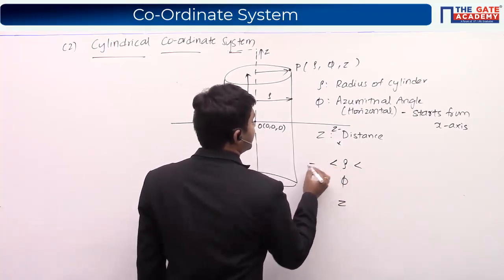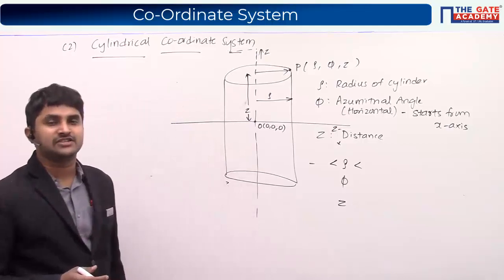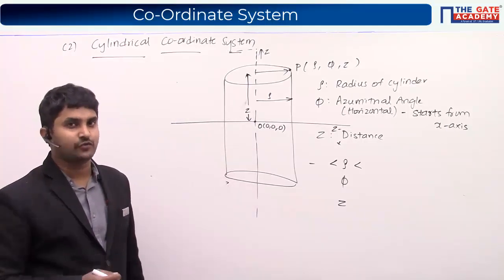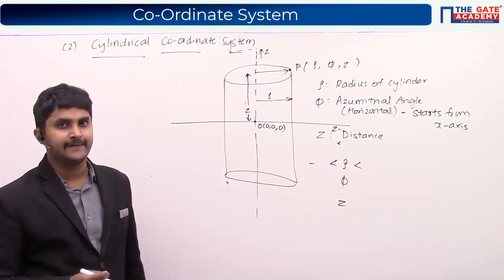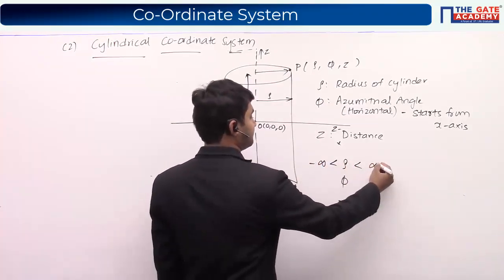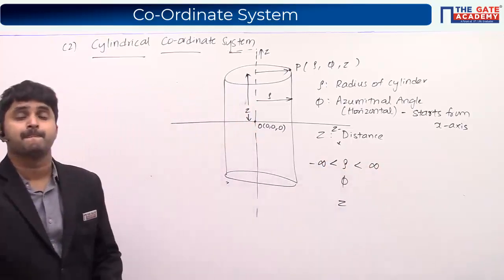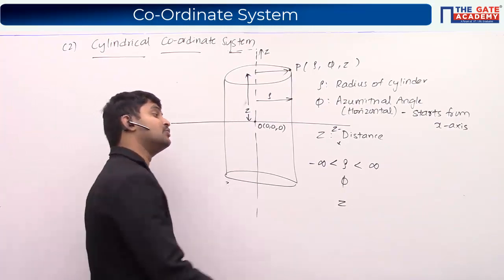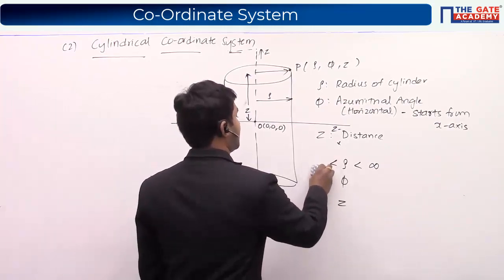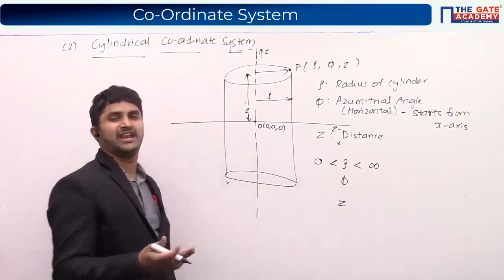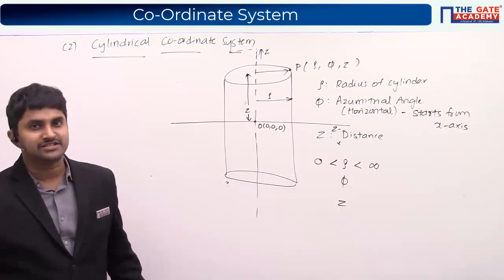So the radius rho, can I say that the range is from minus infinity to infinity? Very good. It is from 0 to infinity. Why? Because of a very simple reason, that the radius can never be a negative value.